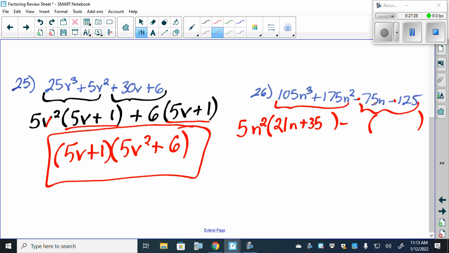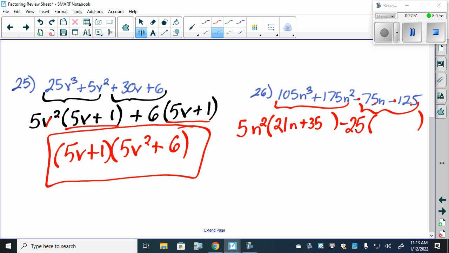Now what will go into both 75 and 125? 5. I think there's actually something bigger. 25. Because if we did 5, I don't think it would have made them the same. But let's go on and take 25.